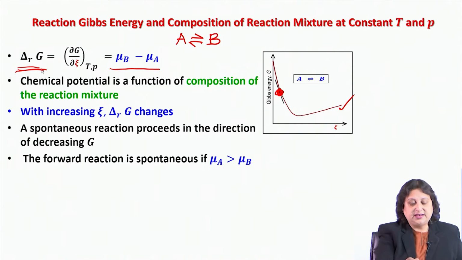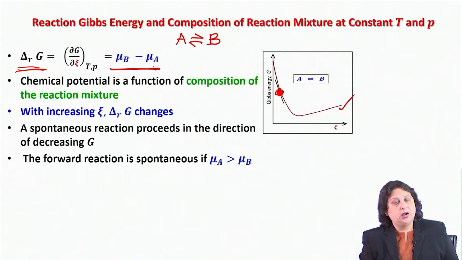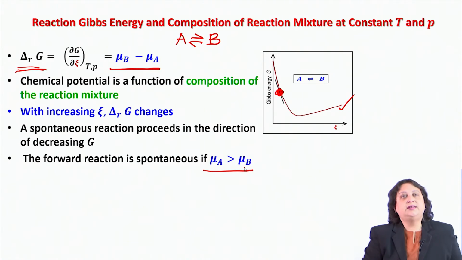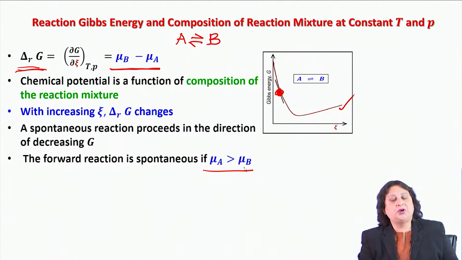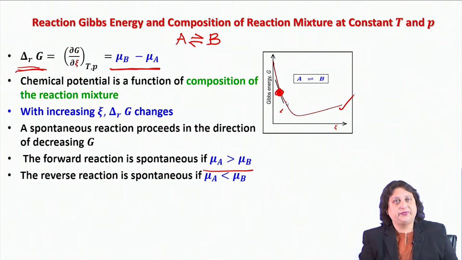It means that mu B minus mu A must be negative, or in other words, mu A must be greater than mu B. Therefore, let me reframe the condition of spontaneity for the forward reaction: I understand that this is spontaneous if mu A is greater than mu B, and that happens when the slope is negative.